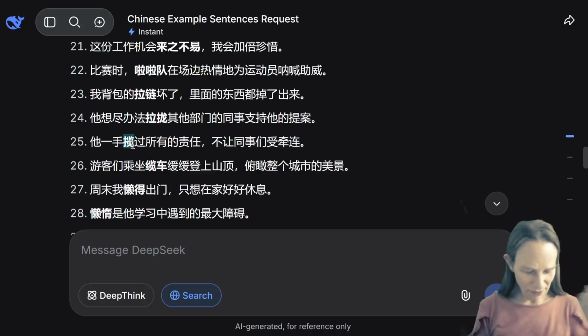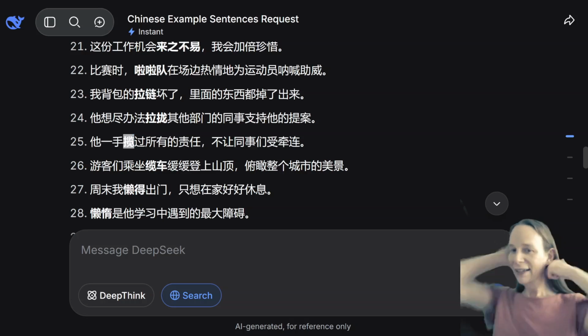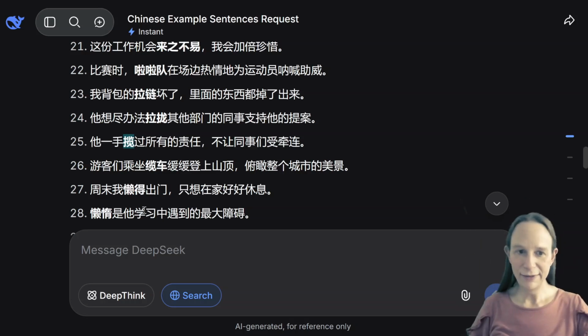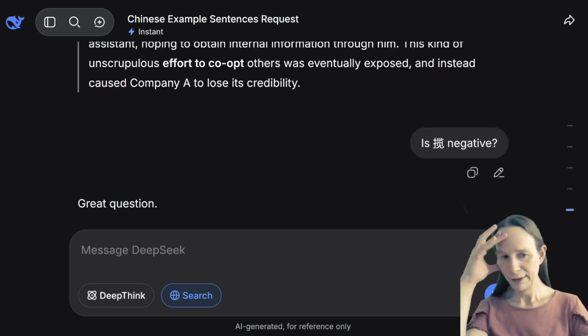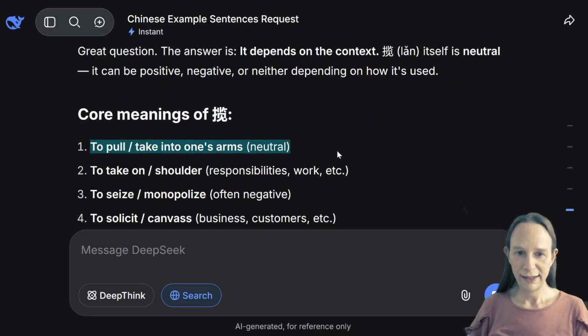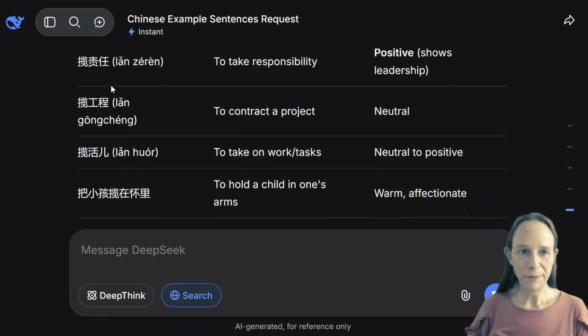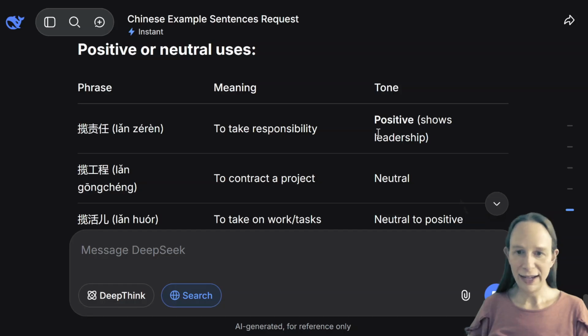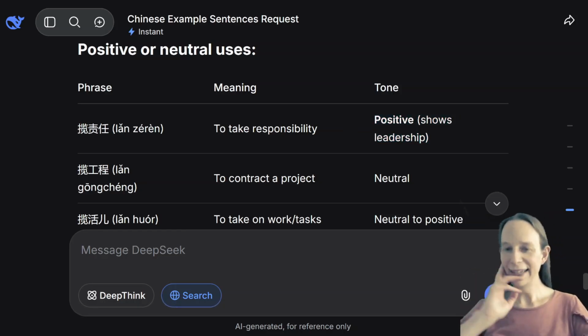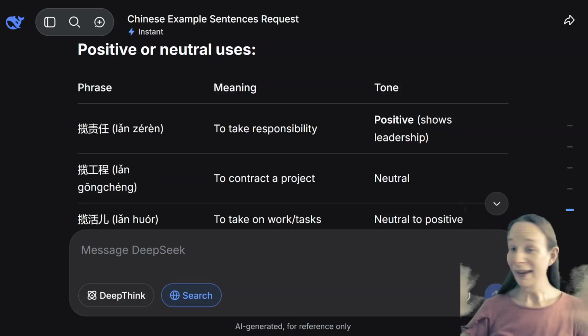Anyway, the important one was this kind of monopolizing something. Maybe it is more negative. Is this negative? It depends on context. This one neutral. All right. Okay, 蓝责任. Positive, shows leadership. Yeah, that's what I was thinking. It's like, you know what? Don't worry about it. I got this.